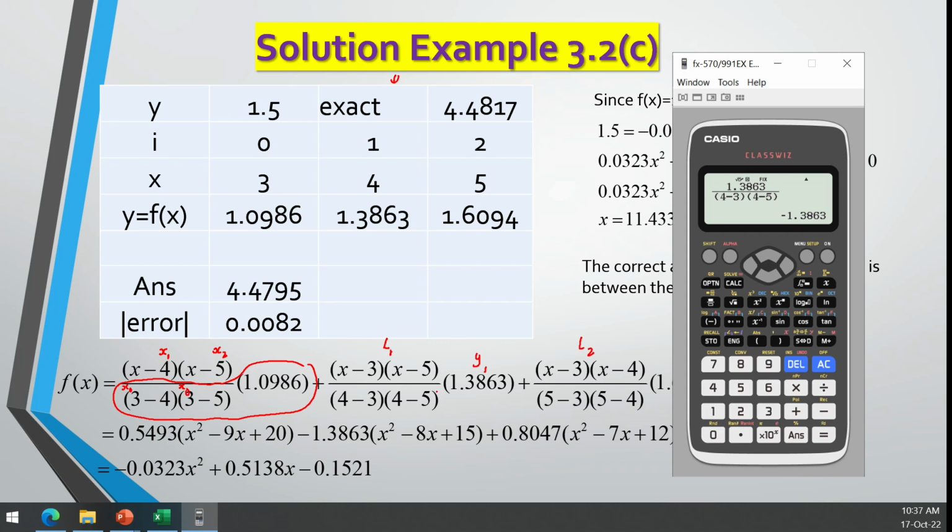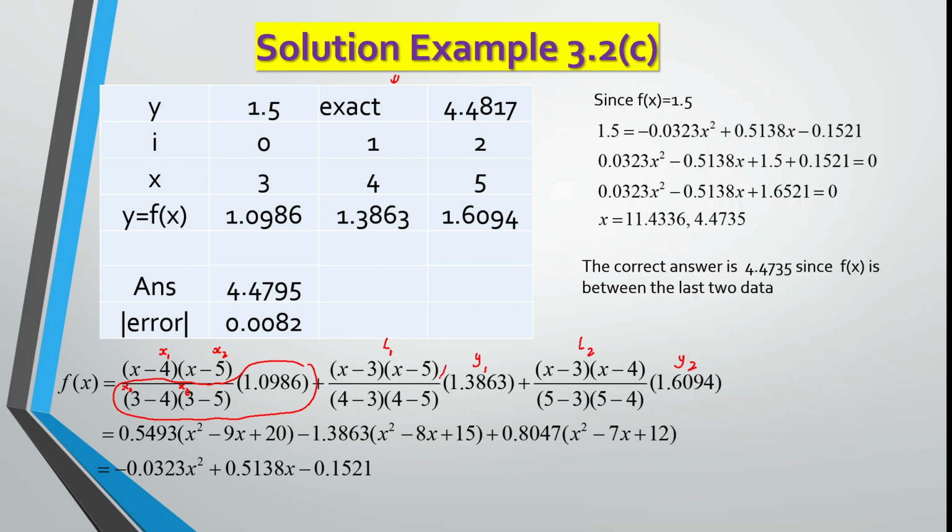So this coefficient, you get negative 1.3863. Then you expand (x − 3)(x − 5), you get x squared, so total is minus 8x plus 15.